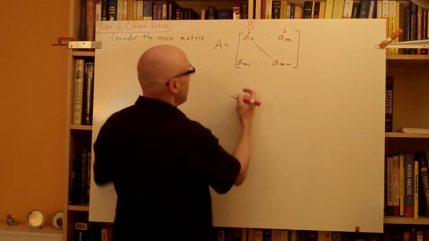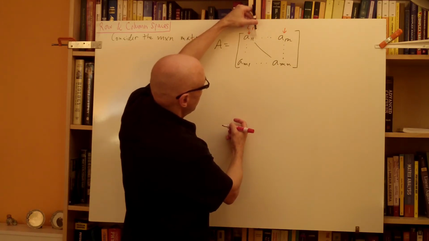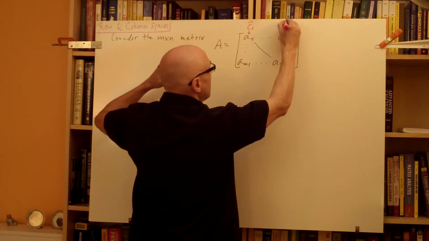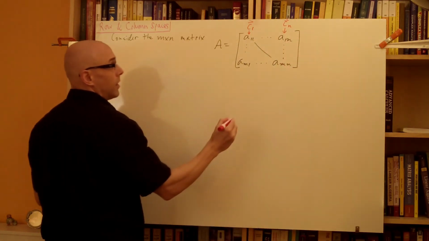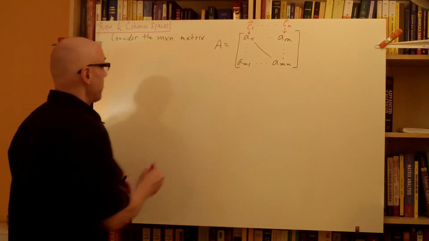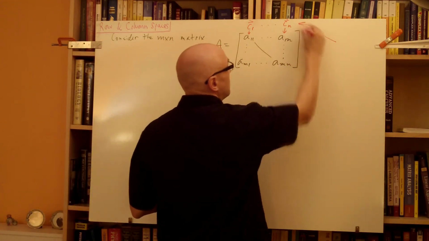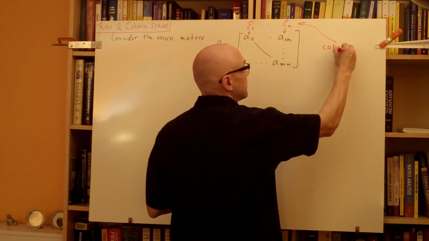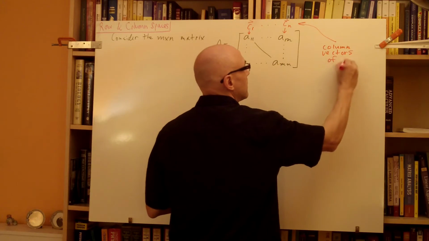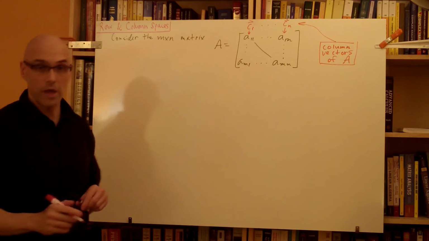The last column of A, if you watch the indexes, goes from row 1, column N down to row M, column N. So this is the nth column vector of A. We call these the column vectors of A.